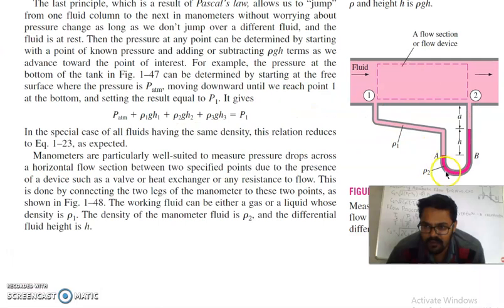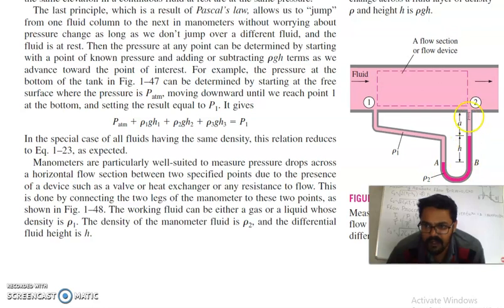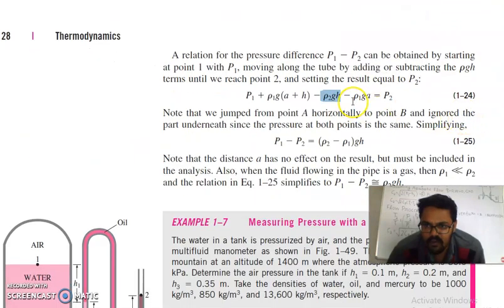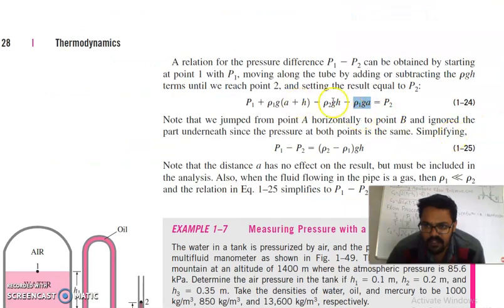This is the density of the fluid, mercury or whatever fluid the manometer has, rho 2 into h, and then you again had rho 1 g a. After solving you will get P1 minus P2 is equal to (rho 2 minus rho 1) g h. This is the way you can measure the pressure drop, that is P1 minus P2, across a horizontal pipe.